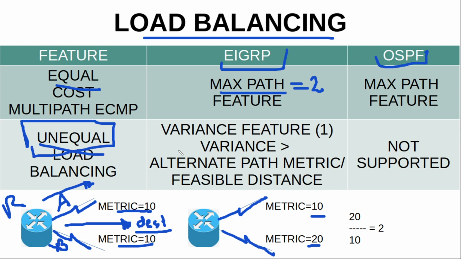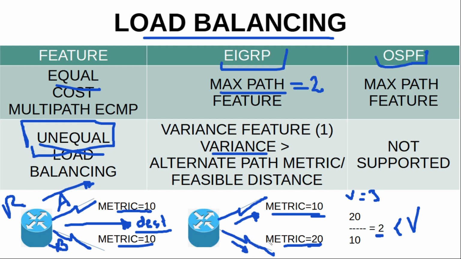In this case, we are going to set up a variance value. So for instance, let's say variance is equal to 3. And then we are going to divide the non-best metric by the best metric, and we are going to obtain a number. As long as this number is lower than variance, we are going to perform unequal load balancing.